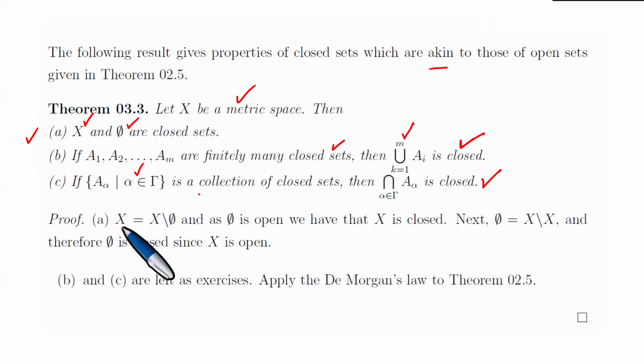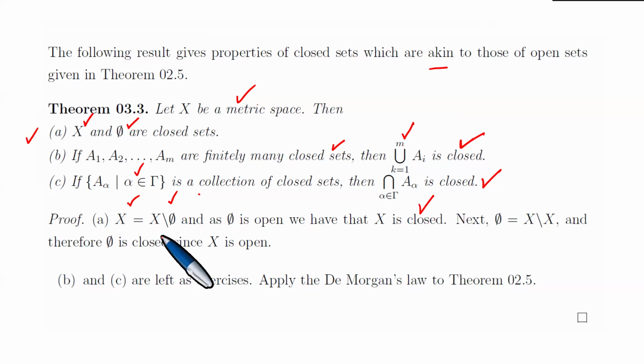To prove this, we realize that the set X itself is the complement of an open set. If you take X minus the empty set, what you get is X. So X becomes the complement of the open set, and as the empty set is open, we have that X itself is closed.